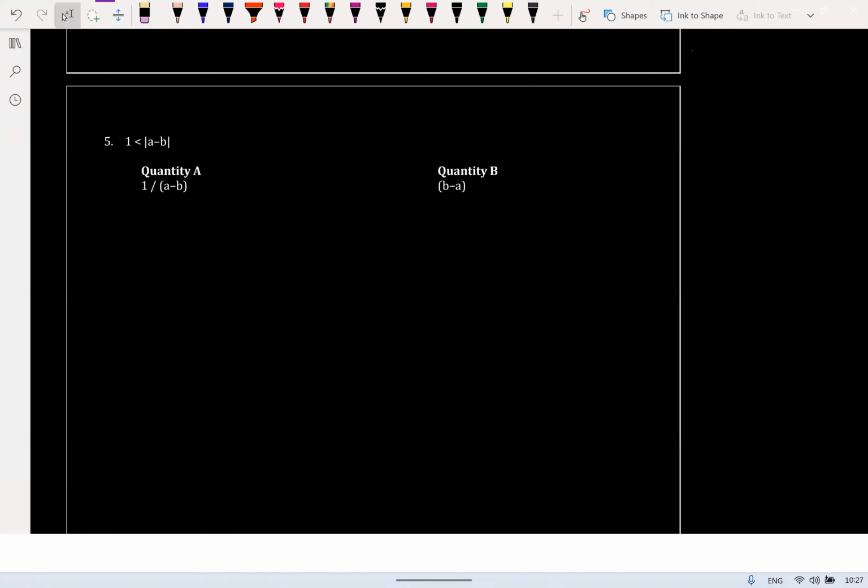Okay, do. 1 is less than mod of A minus B. A is 1 by... So 1 is less than mod of A minus B means that you can play around with the question, but I'm not saying anything right now.